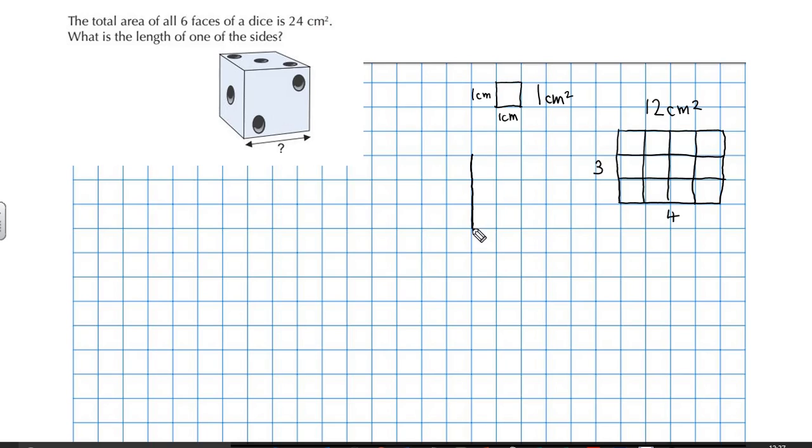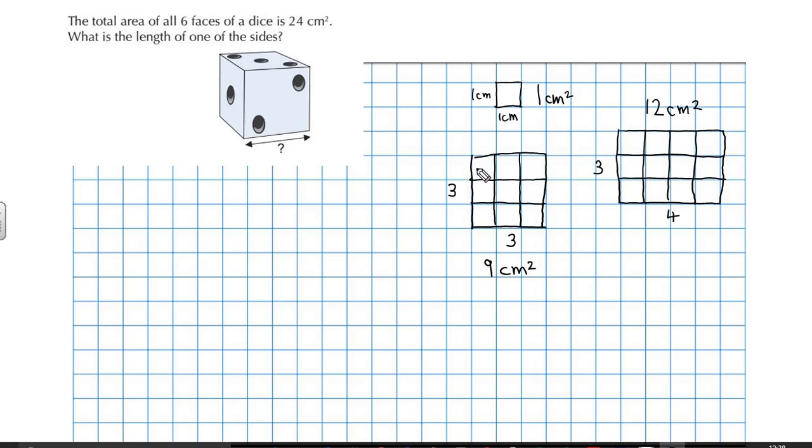So we've got 3 by 3. In a square all of the lengths are the same, so 3 and 3. So what have I got? I've got 3 rows of 3. 3 times 3 is 9. So I think this is 9 centimeters squared.